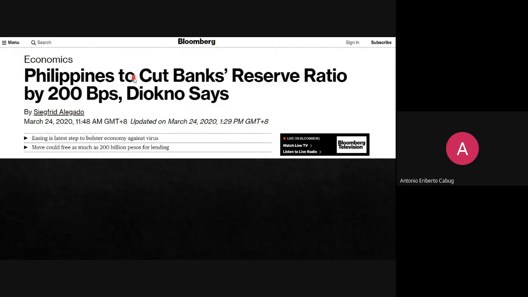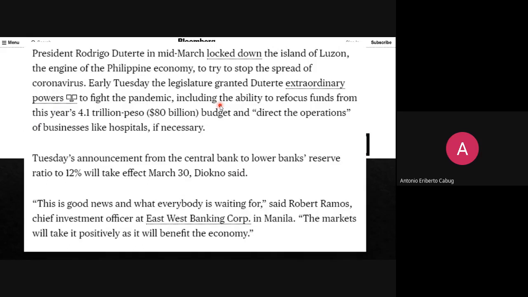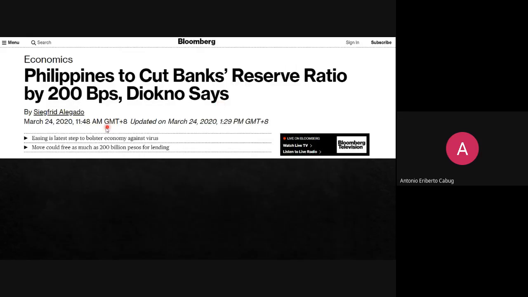So according to Bloomberg Economics, the starting point was actually 14%. 14% na yung bago nangyari to. 14 minus 2%. 200 basis points is 2%. 14 minus 2, naging 12.